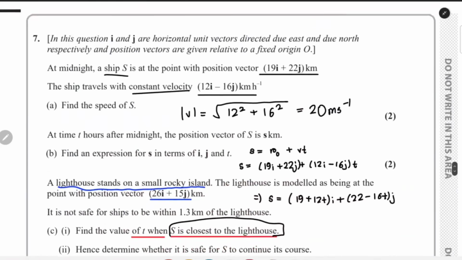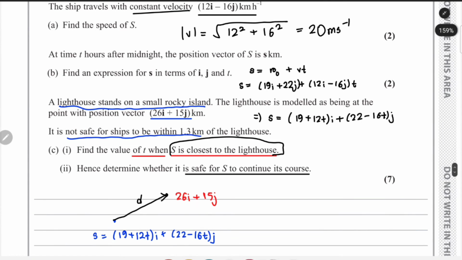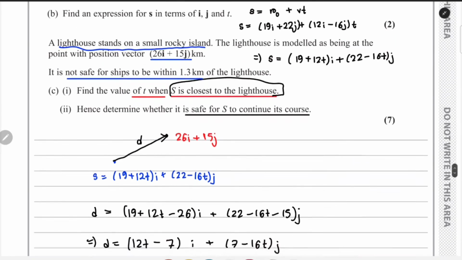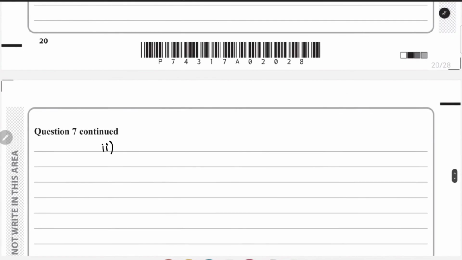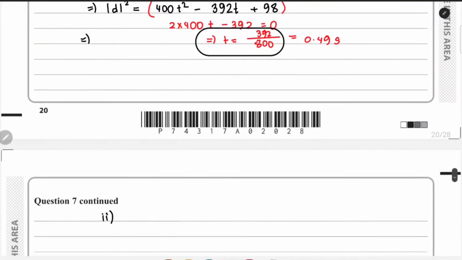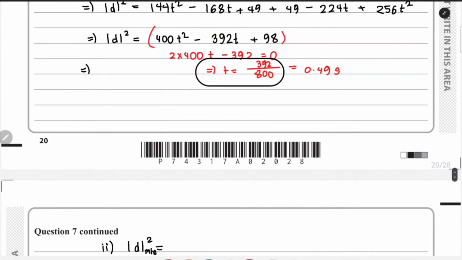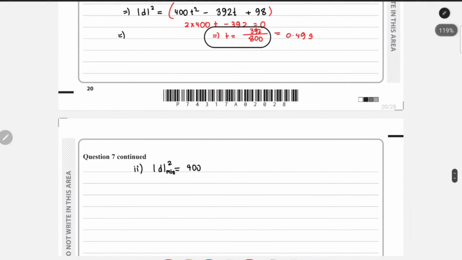And now in question 2 we have to comment on whether it is safe for S to continue. The condition is that if the ship is within 1.3 kilometers or closer to the lighthouse, it is not safe. We have the time at which the minimum distance occurs, so we'll find the minimum distance. The minimum distance squared would be 400 times 0.49 square minus 392 times 0.49 plus 98.